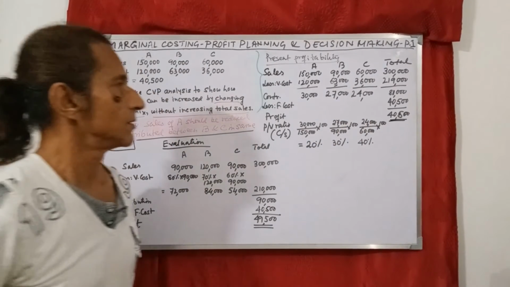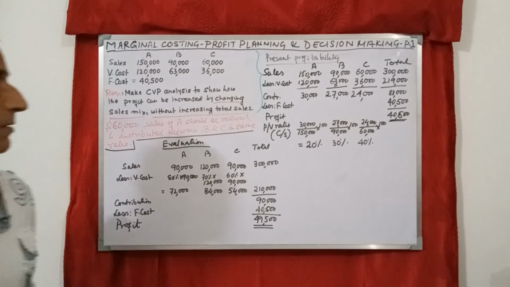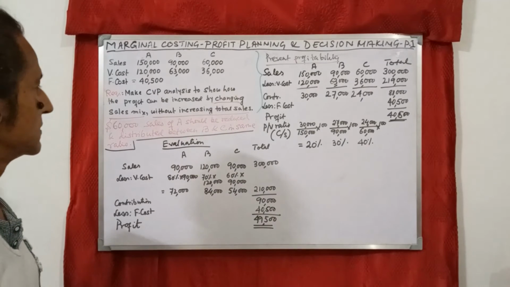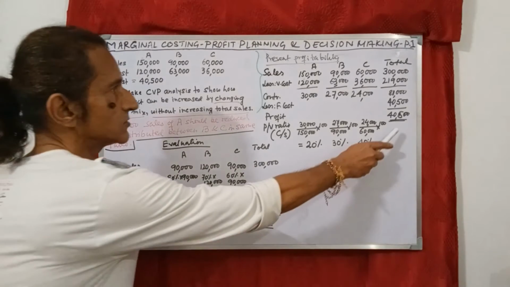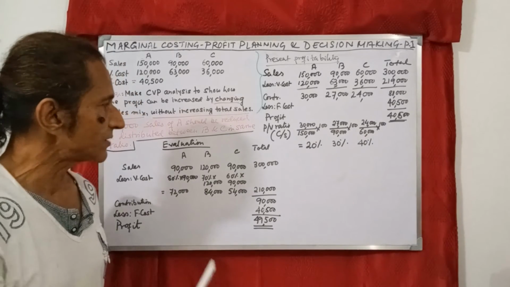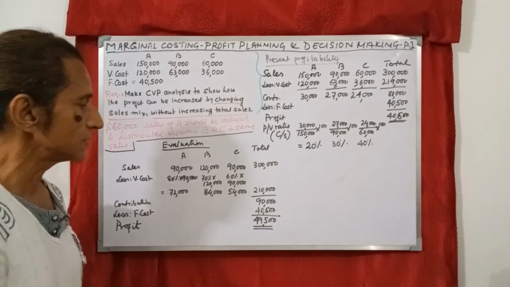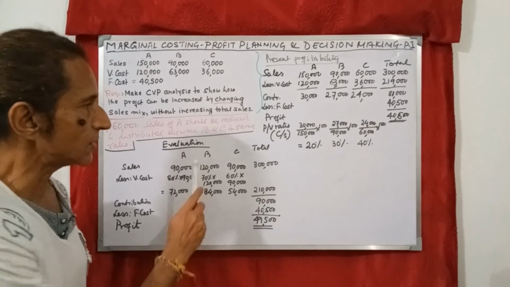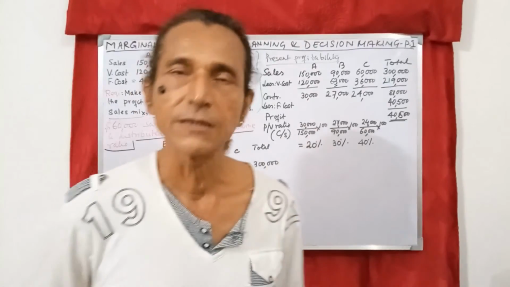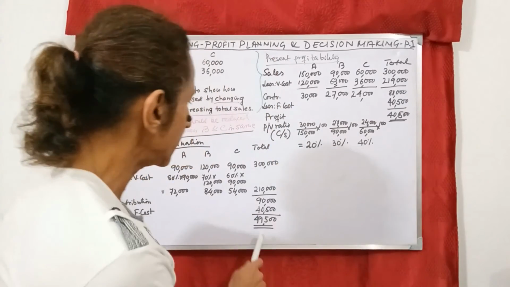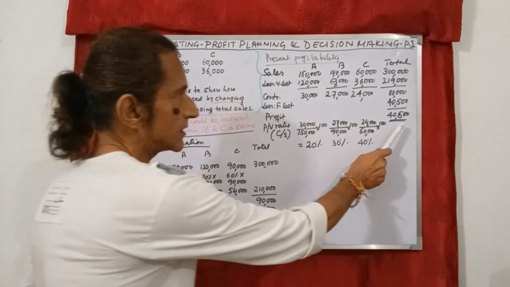So before changing the sales mix, the total profit was 40,500, and after change of sales mix, total profit is 49,500. This means total profit of the firm is increasing by 49,500 minus 40,500.